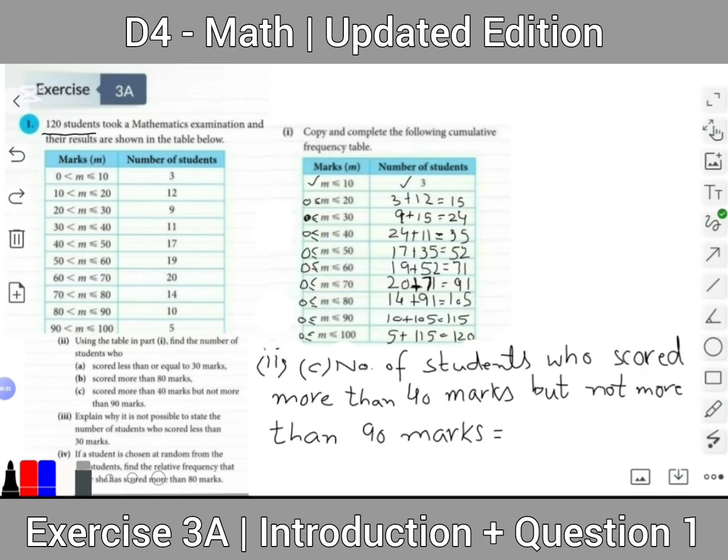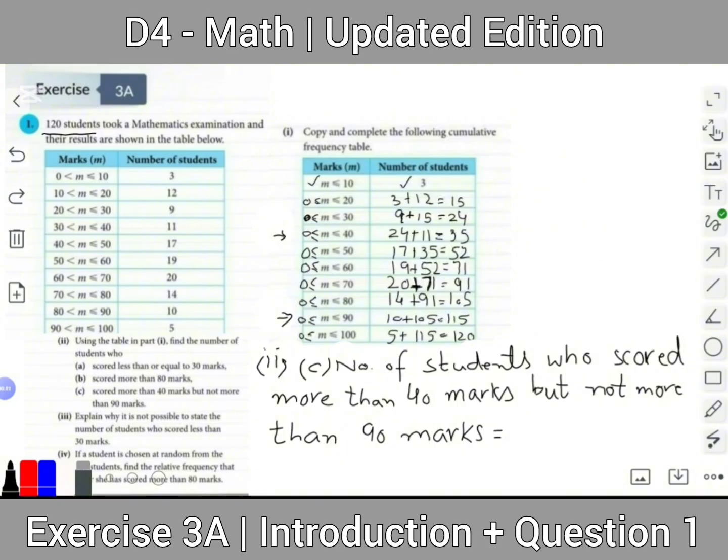So the fourth entry shows the number of students who scored less than or equal to 40 marks, and the ninth entry shows the number of students who scored less than or equal to 90 marks.